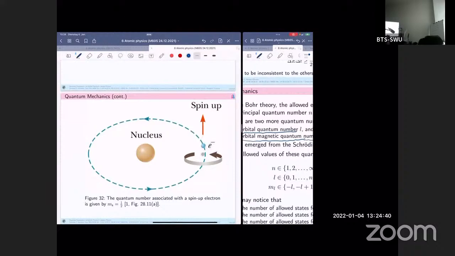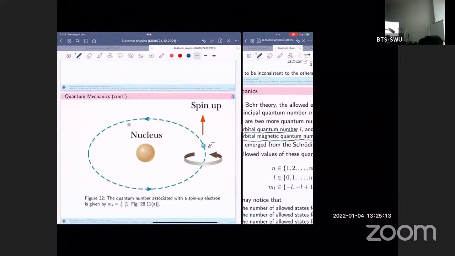Your thumb direction is going to point up. During this rotation, it seems like the electron rotates itself. It's like our Earth rotates itself, right? That's why we have daytime and nighttime. But our Earth also moves around the sun, which is the center of the solar system.